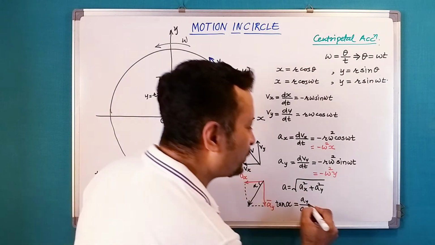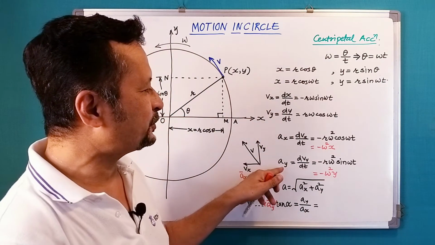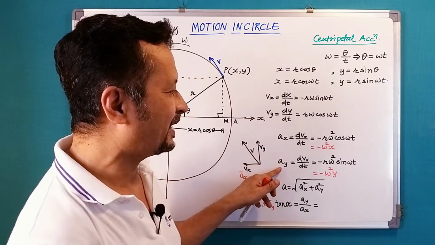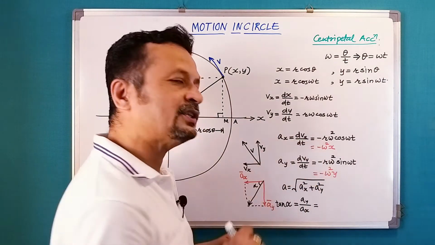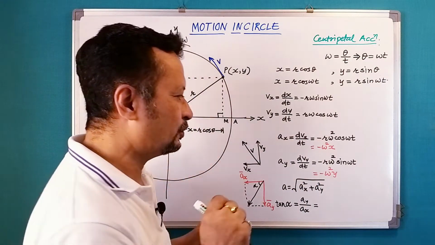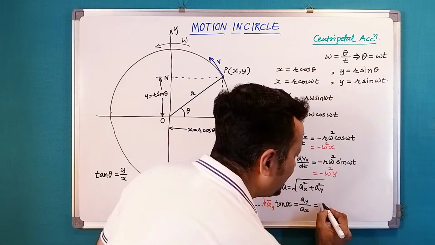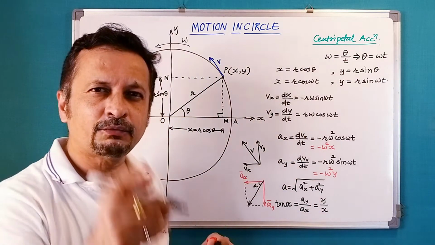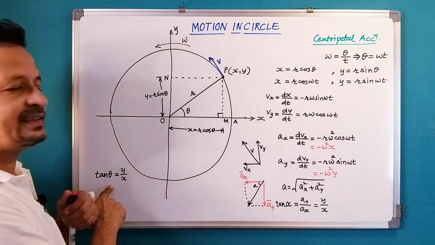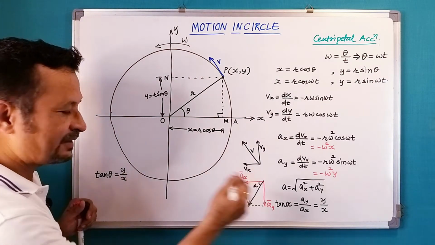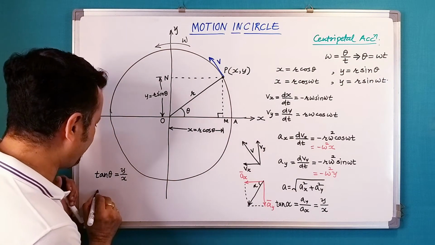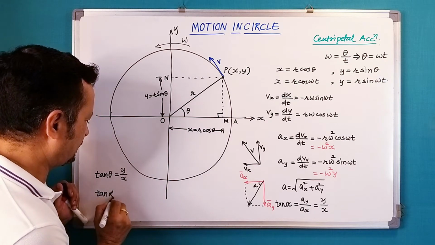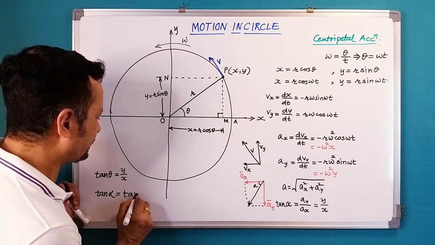So tan alpha would be equal to ay upon ax. If I substitute this ax and this ay, omega square is going to get cancelled over there, correct? So it would be y by x. And what is y by x? Y by x is tan theta. So I can definitely say that tan alpha is equal to tan theta.